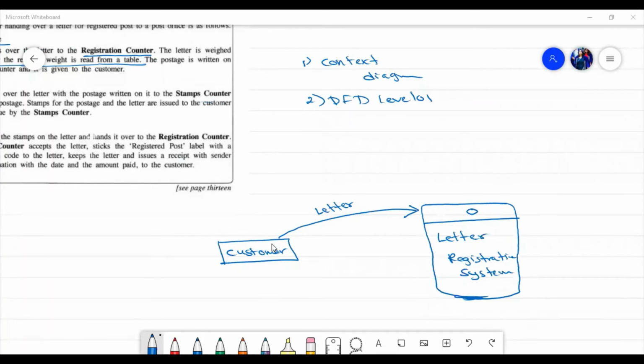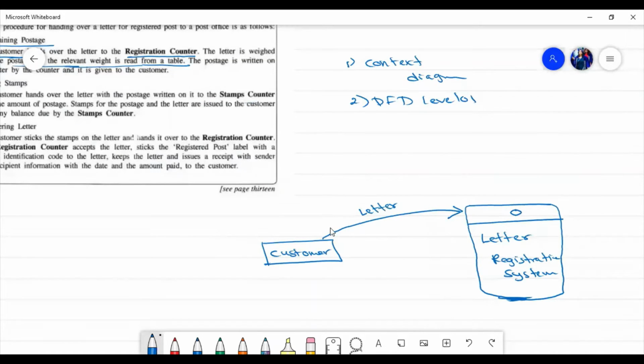Then we know the customer gives the letter as input to the letter registration system. The idea behind this arrow from customer to letter registration system is that it means giving, inputting things. So there's no need to write the giving there. If you have written it, that's of course okay.